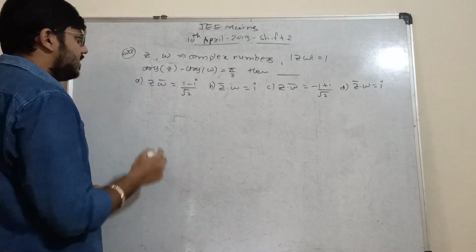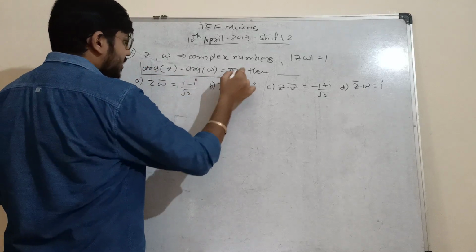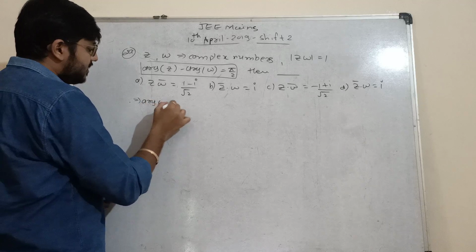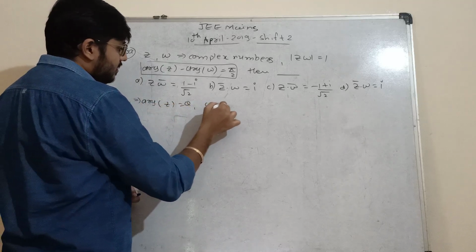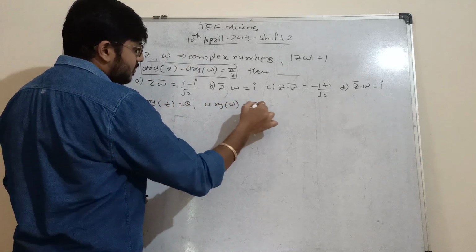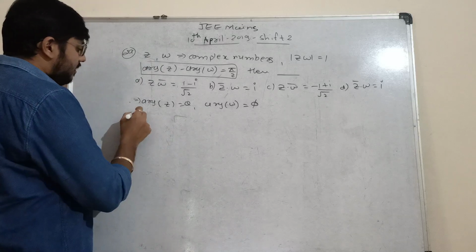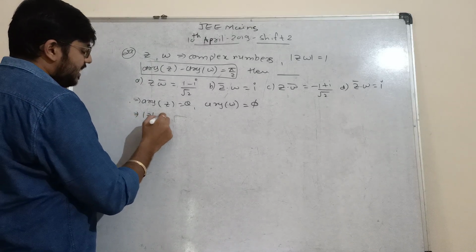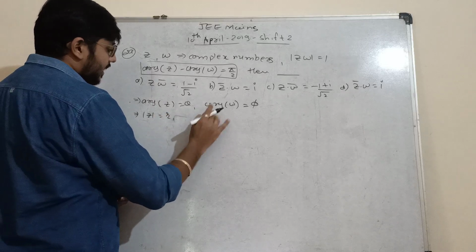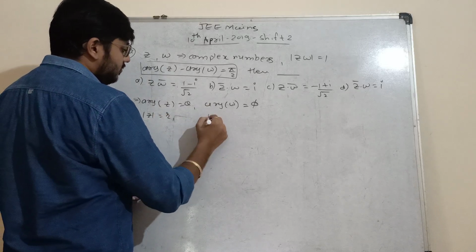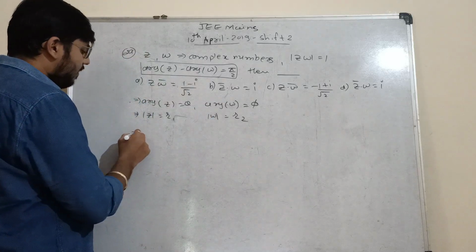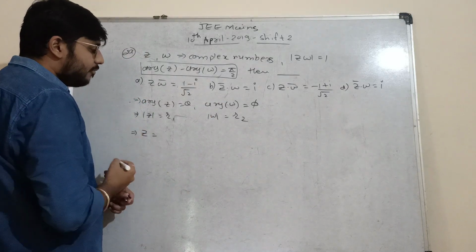So here there is a given condition related to the argument. So let us assume that argument of Z is theta and argument of W is phi. Also the magnitude of Z, let's say R1, and magnitude of W, let's say R2. So how can I represent Z in polar form?